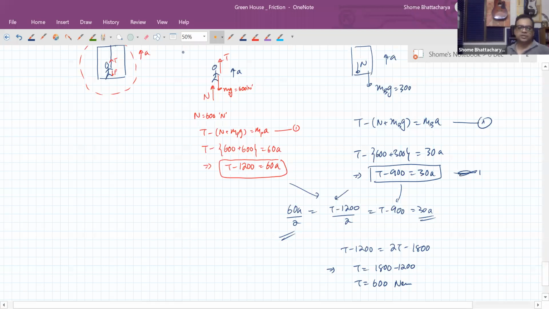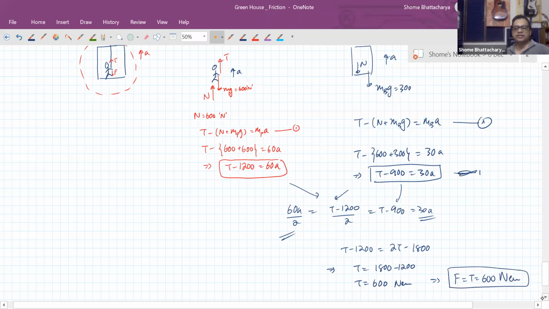Oh, wait a minute. I made a solving error here. No, that's fine. So the amount of force he will now apply will become equal to this tension, which will be 600 newtons. But notice something interesting.